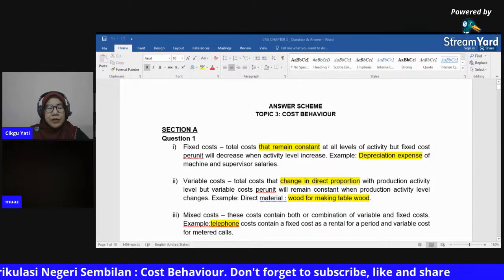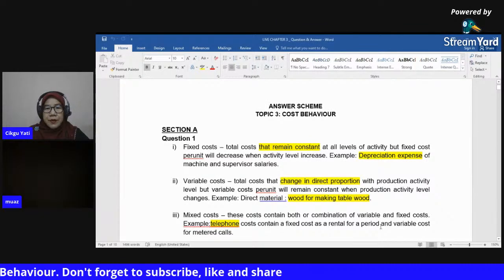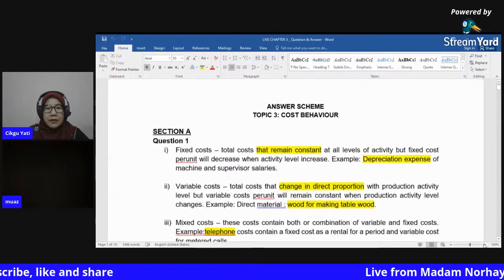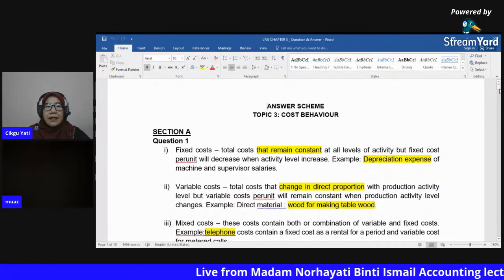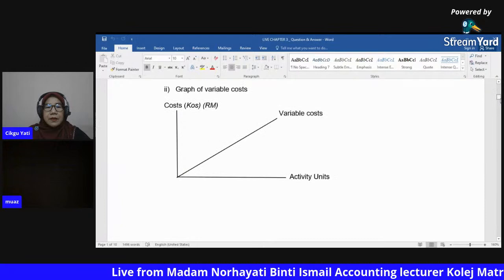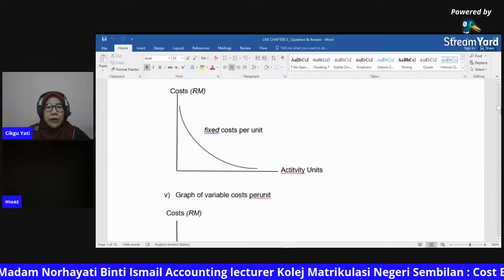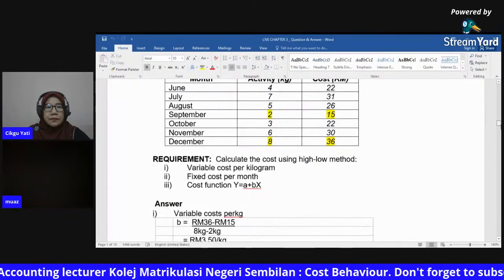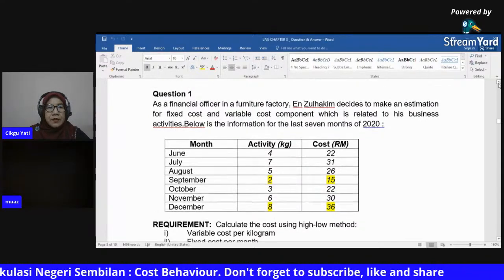What is more important, you must know the definition for fixed cost and fixed cost per unit, and then you must know how to calculate fixed cost and how to plot the graph, and also for variable cost and variable cost per unit.